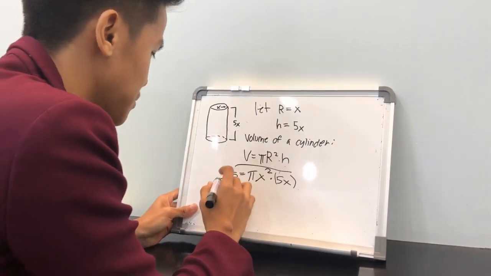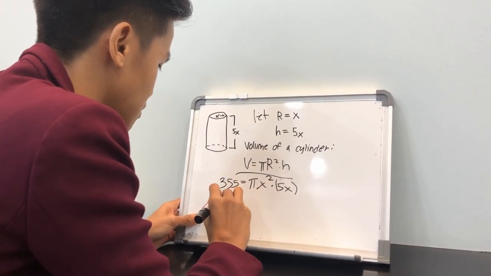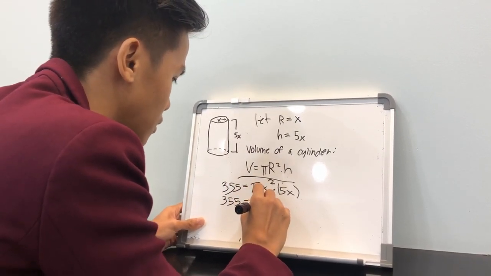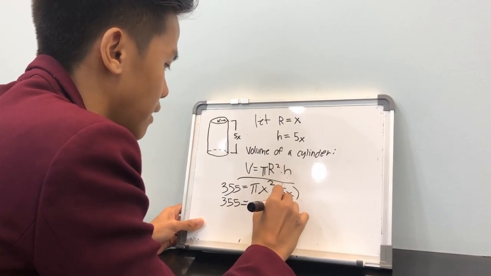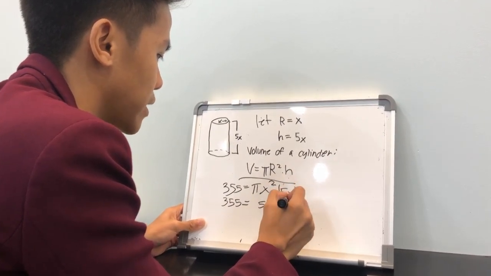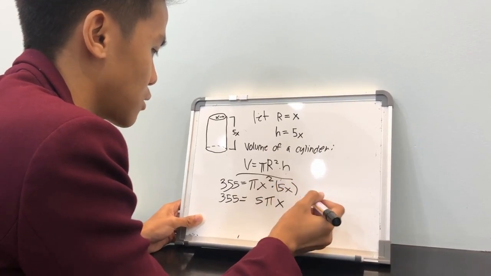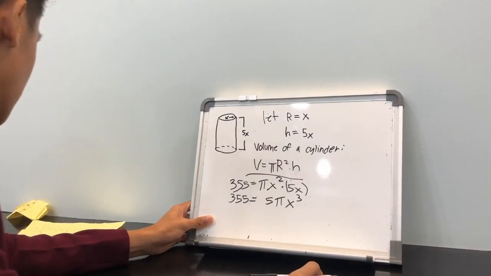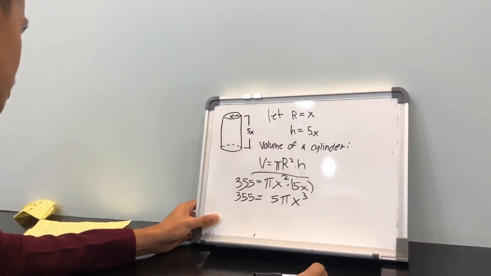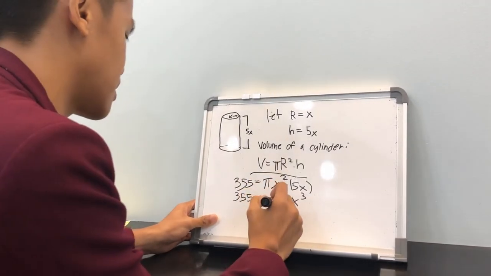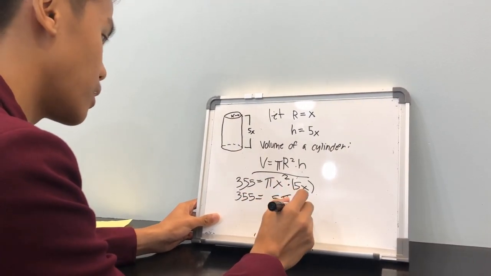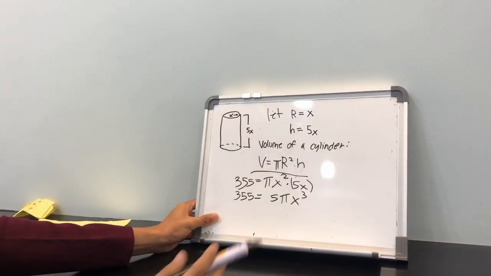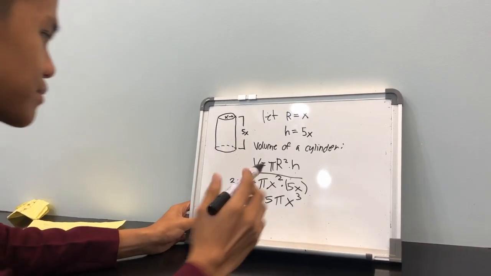So let's just solve this. This can be written as 55 is equal to 5 pi, and since we have another x multiplied to the pi x squared, it will be 5 pi x to the power of 3. Next is, let's try to separate the x.